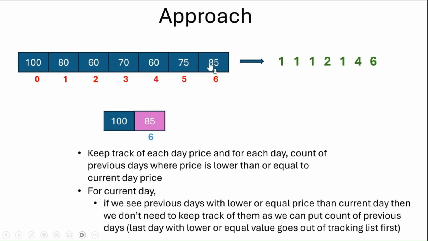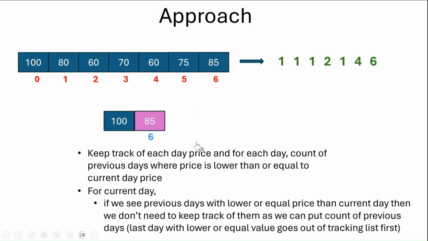As mentioned for 85, we know that there are 6 days having a stock price less than or equal to 85. So we don't need to keep track of all of this because we are already putting the count here. So which data structure helps us to do this? Like keep track of each day's price and count of previous days.